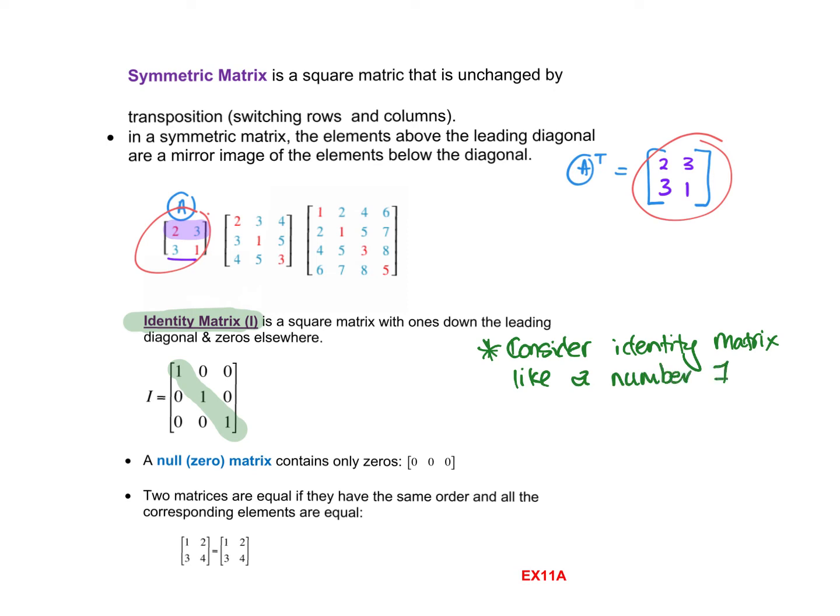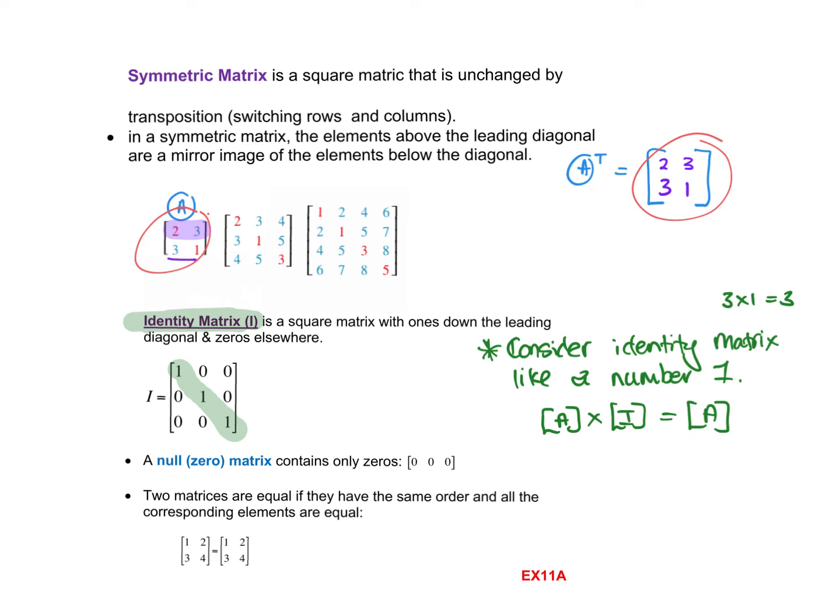What do I mean by that? If I had matrix A and I multiplied it by an identity matrix, what I end up with is matrix A. Isn't that the same? If I go 3 and I times it by 1, don't I get 3 itself again? So an identity matrix is sort of like a number 1 in matrices. That can help you with problem solving, because sometimes when you're using it you go, won't this change the value of it?